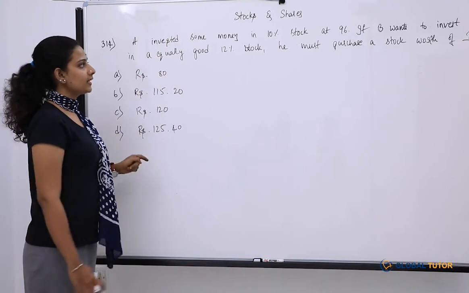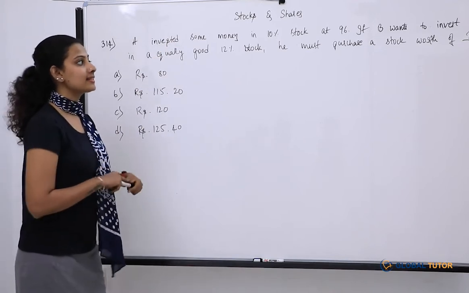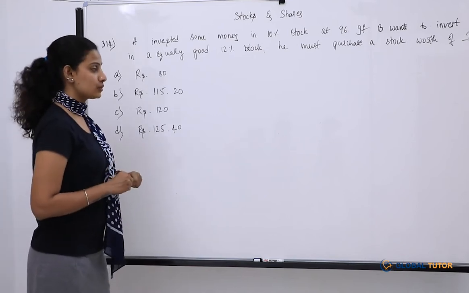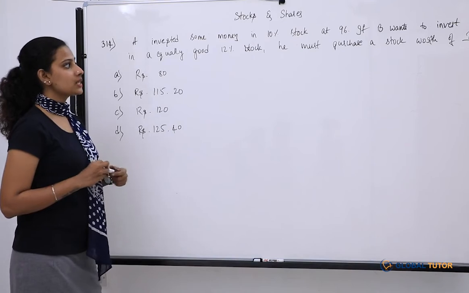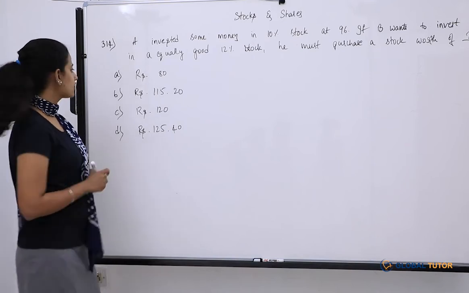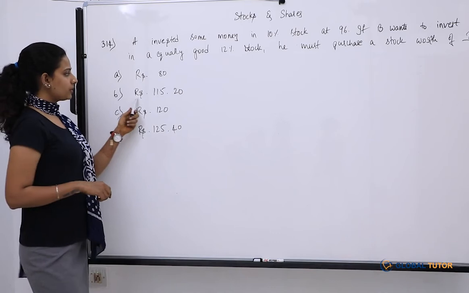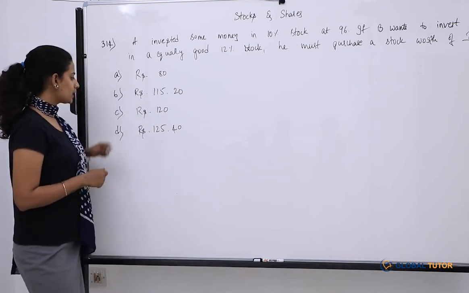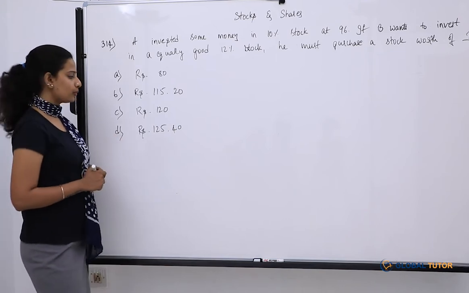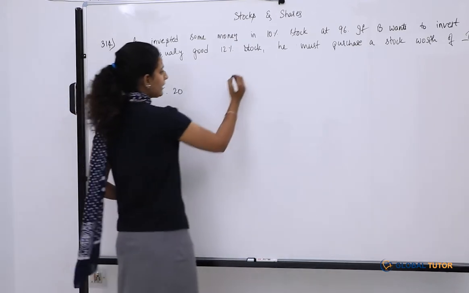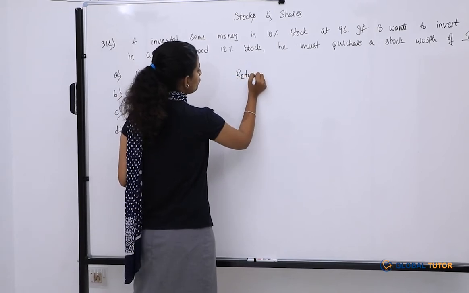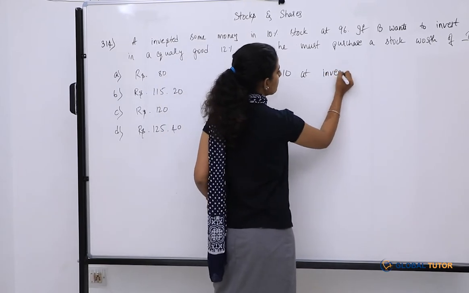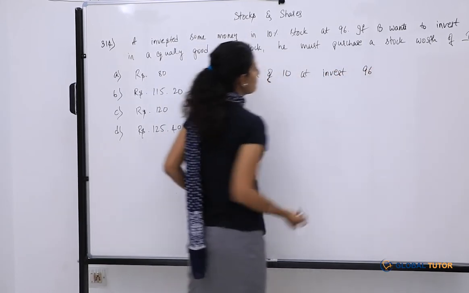A invested some money in 10% stock at 96. If B wants to invest in an equally good 12% stock, he must purchase a stock worth of option A rupees 80, option B rupees 115.20, option C rupees 120, option D rupees 125.40. So, we have a return of 10 at investment of 96.